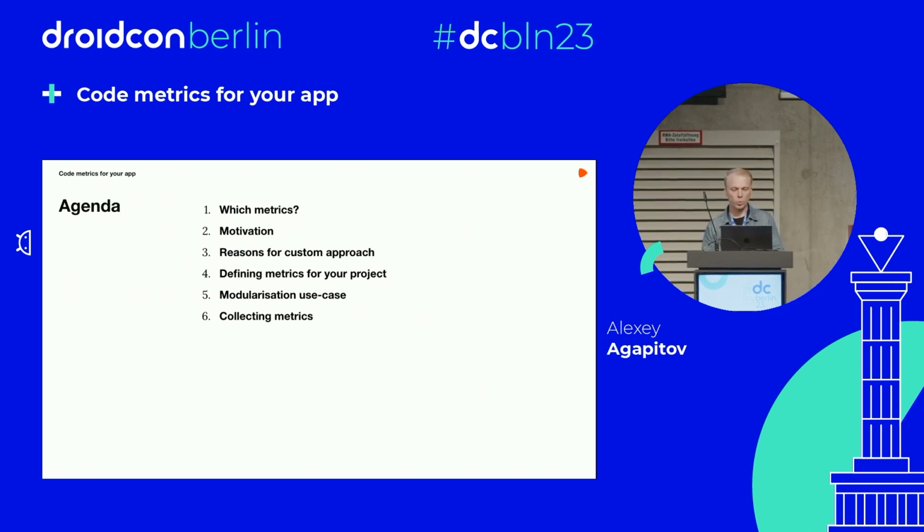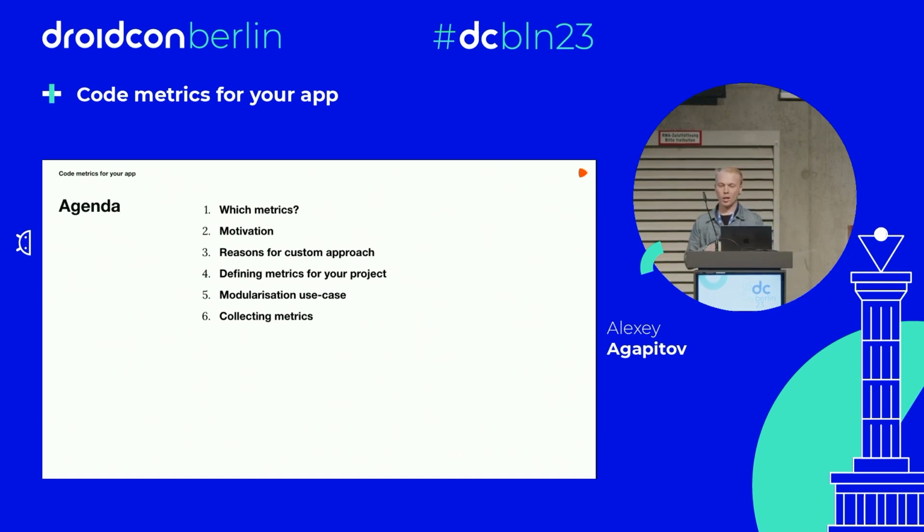Then I would like to walk you through one example from my experience at Zalando, how we defined the metrics for the modularization, how we iterated to find the right one, and in the end I will talk a bit about how you can implement it on your side.